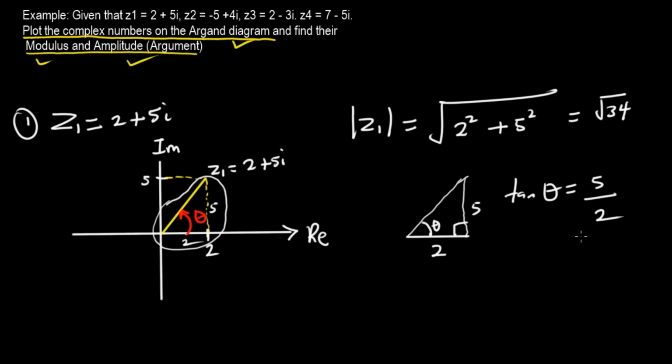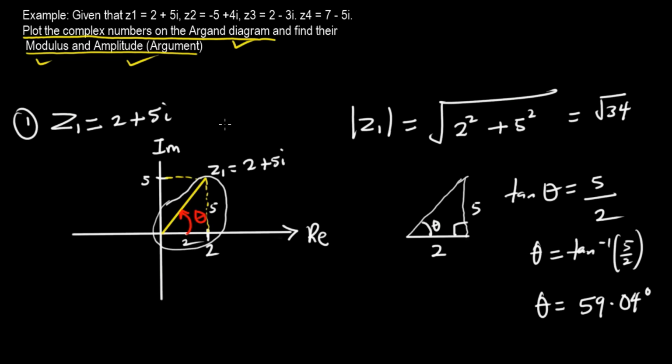So here we have that theta equal to the tan inverse of 5 over 2. And then we have theta equal to 59.04 degrees. And this is the argument of the complex number z equal to 2 plus 5i.